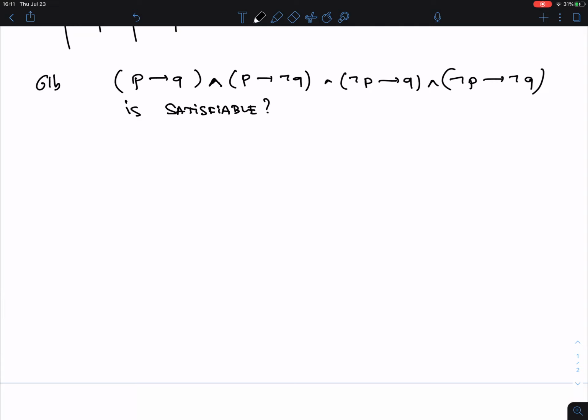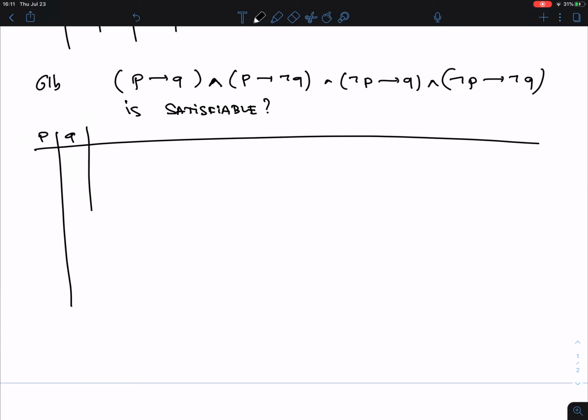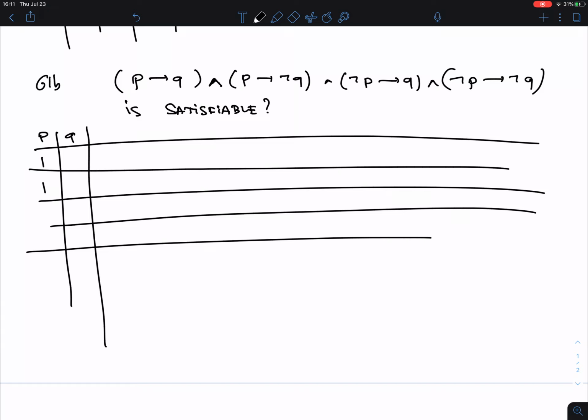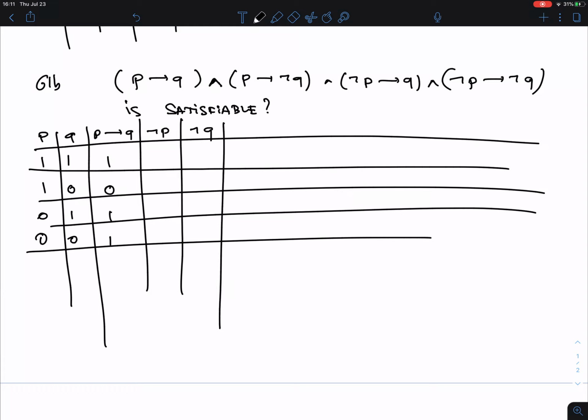Now, it's quite a lot to do, but luckily it is only two variables, so P and Q. So we only have 4 rows: 1, 1, 0, 0, 1, 0, 1, 0. So what we need, P then Q. Okay, we know that is 1, 0, 1, 1. P then not Q, so we need not Q, but we also need not P. And just to be a little bit more organized, I'm going to keep them in this order.